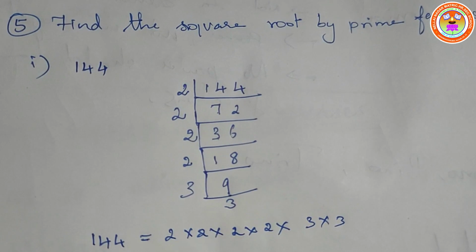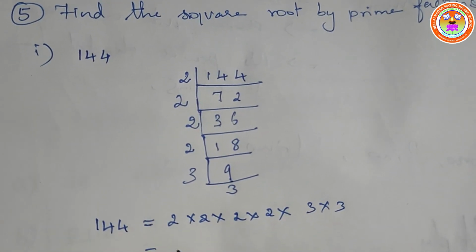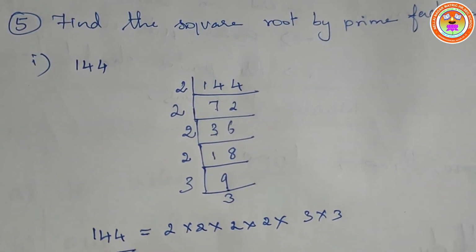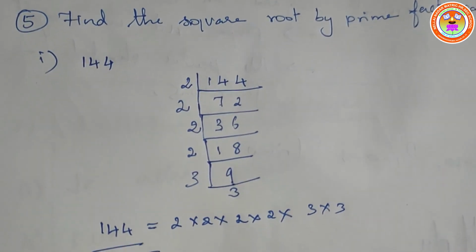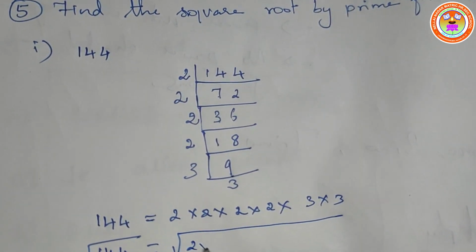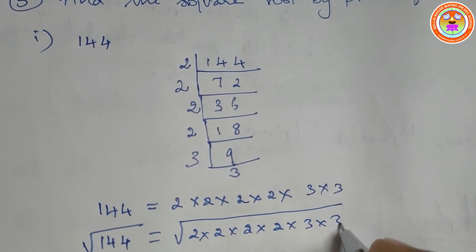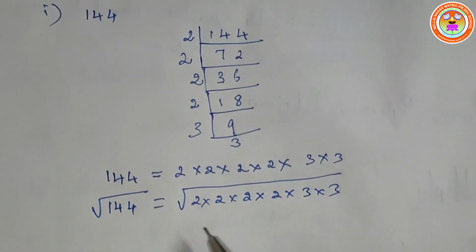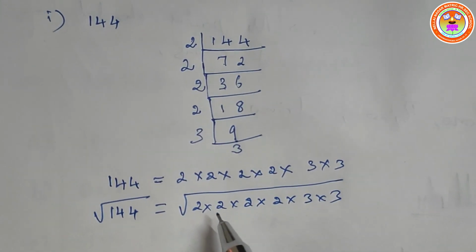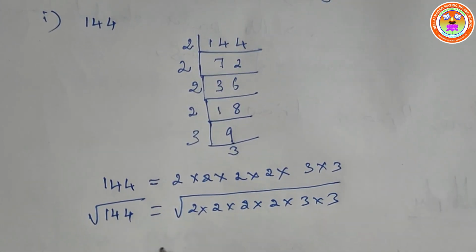So now they asked us to find the square root of 144, which implies square root of 2 into 2 into 2 into 2 into 3 into 3. For taking the square root of this, for a pair of numbers you will take 1.